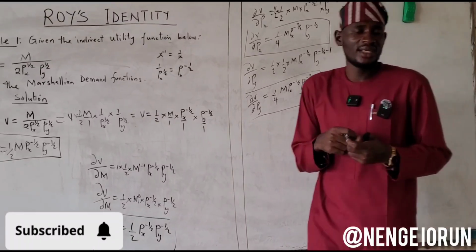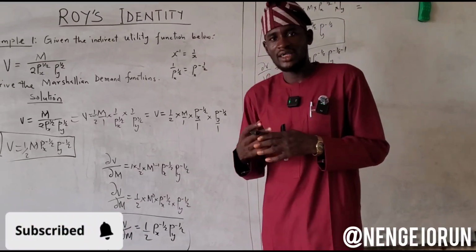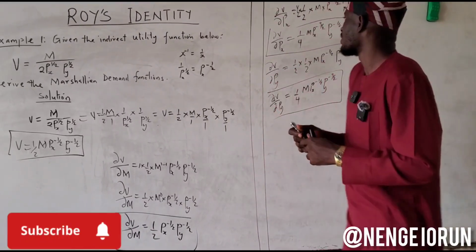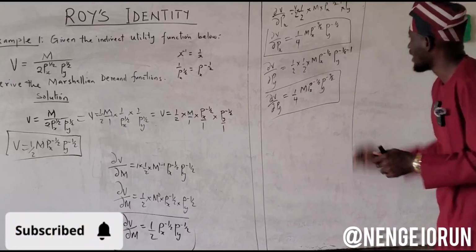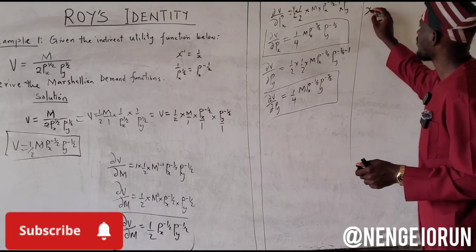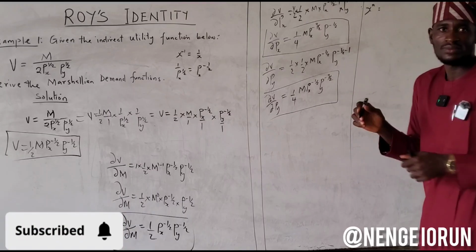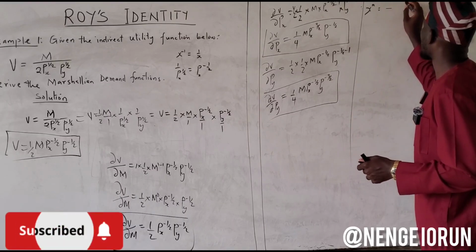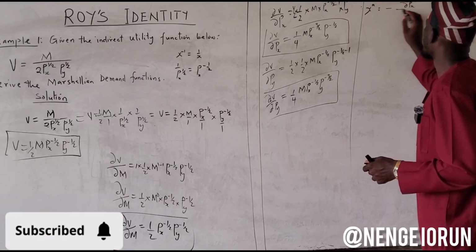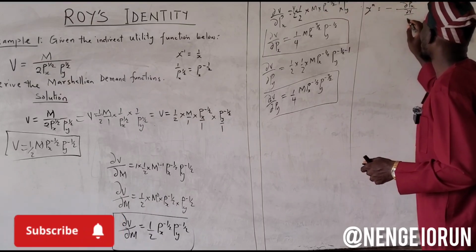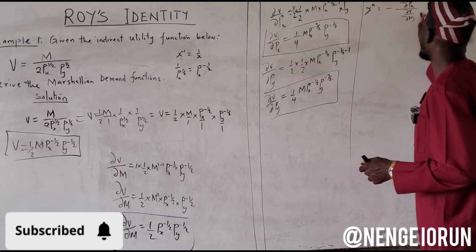So now to get the Marshallian demand function for X and Y using Roy's identity. For X, the Marshallian demand function for X is equal to the negative partial derivative of V with respect to Px over the partial derivative of V with respect to income.